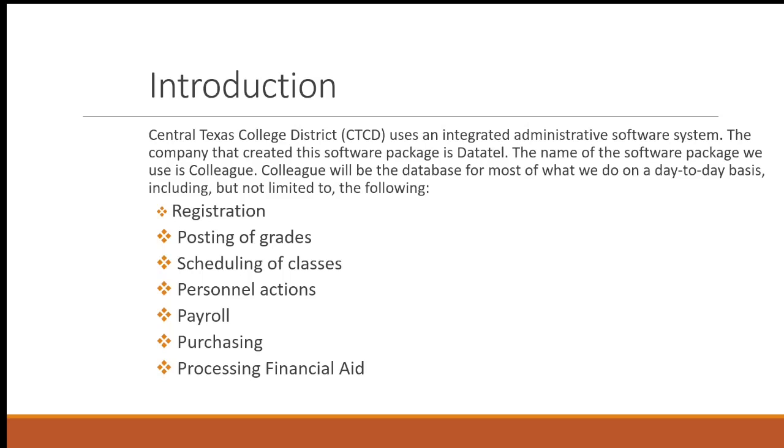For us here in HR, it's where we maintain our personnel records, the personnel actions. Payroll records are maintained here in Colleague. Purchasing, when you need something to order for your department, if you have that capability, you'll submit purchase requisitions through Colleague, and it can also be used for financial aid.